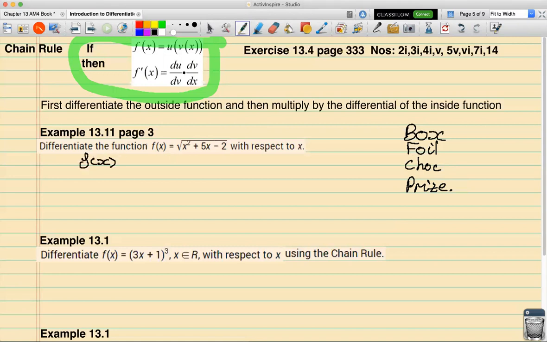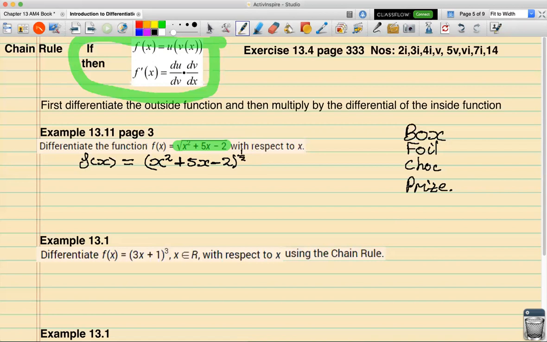So I'm going to try and explain to you now that, first of all, you cannot differentiate this at the moment because you have a square root symbol. So now the first thing you've got to do is you've got to change the square root symbol into a power of 1/2.